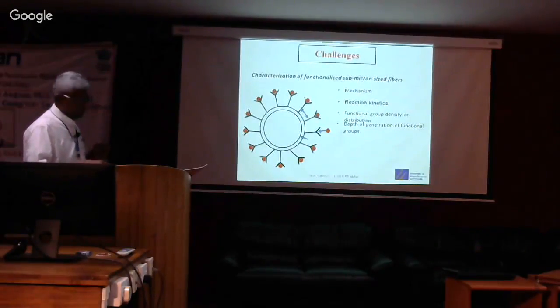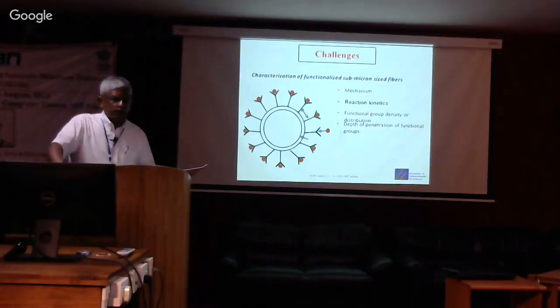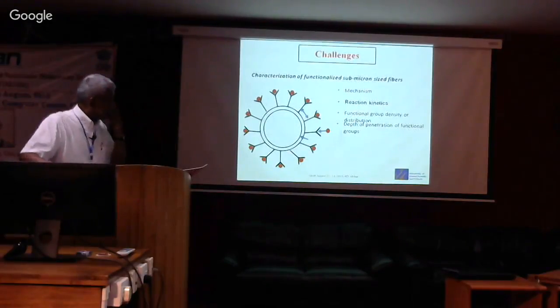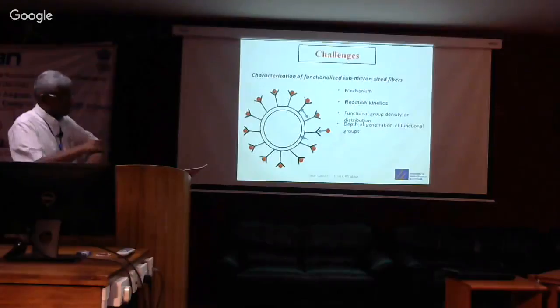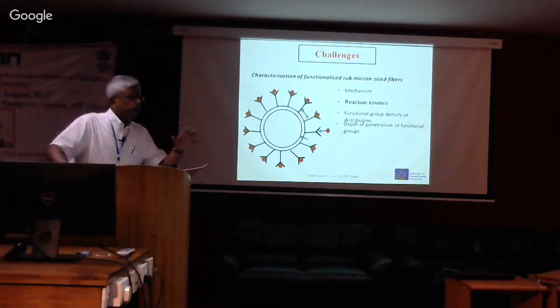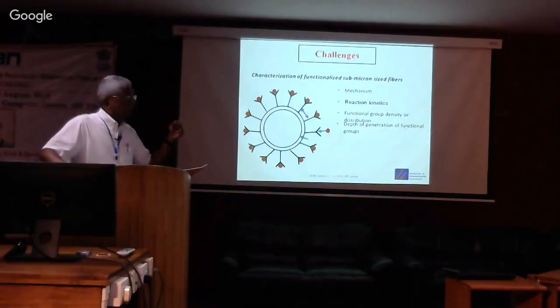And then the most important question is the depth of penetration, because keep in mind, when we look at the kinetics, which I'll get into in a moment, or maybe after. The point that I was trying to make is, how deep does the functional group go?